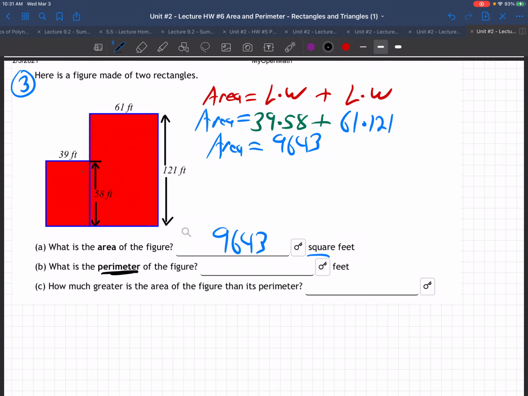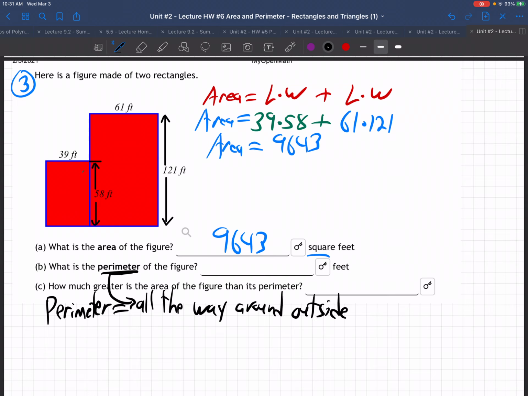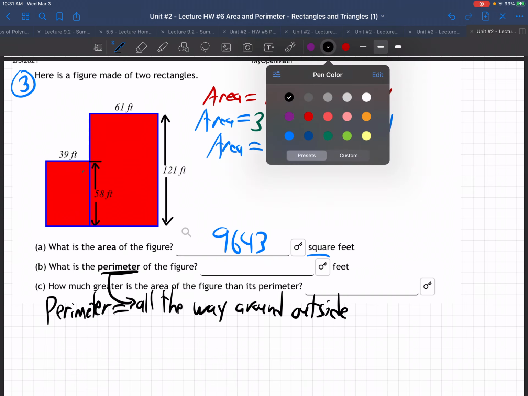Let's try to be really clear on that. Perimeter means all the way around the outside. So how do you figure out all the way around the outside?